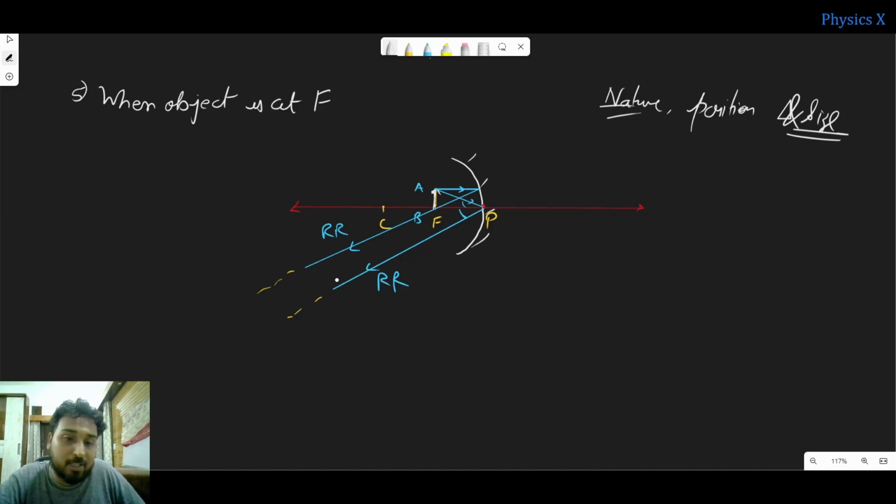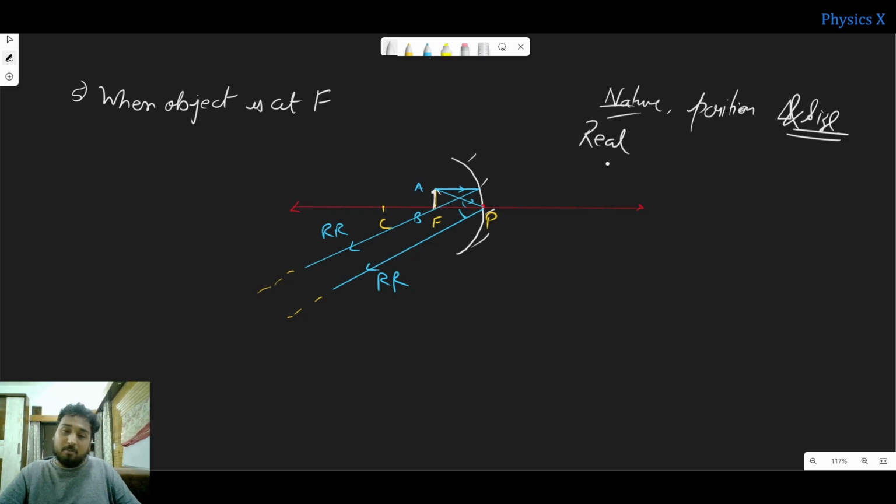That we can say mathematically. However, infinity will never come. So mathematically, we can say that yes, at infinity on the real side, these rays will be meeting and forming an image. So obviously it will be at infinity. So we can say that this is a real image.